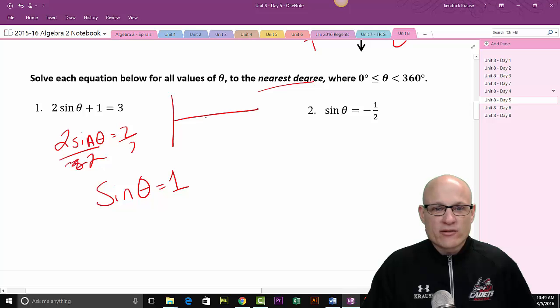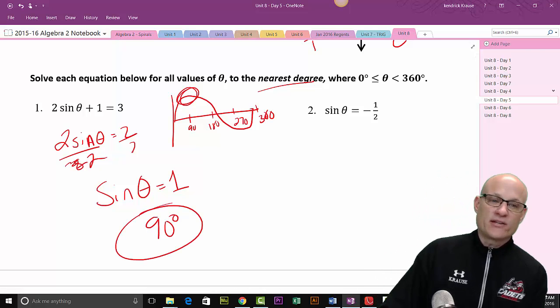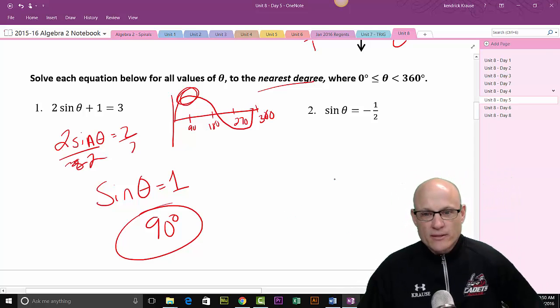Remember the graph we just did: 90 degrees, 180, 270, or 360. Where does it equal 1? It equals 1 at 90 degrees. And you have to have that memorized anyway. So in this case, the answer is 90. There's only one place it's equal to 1.